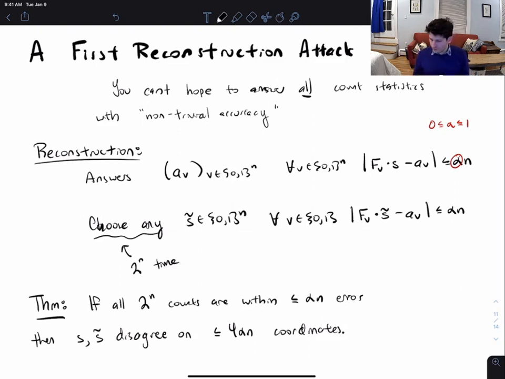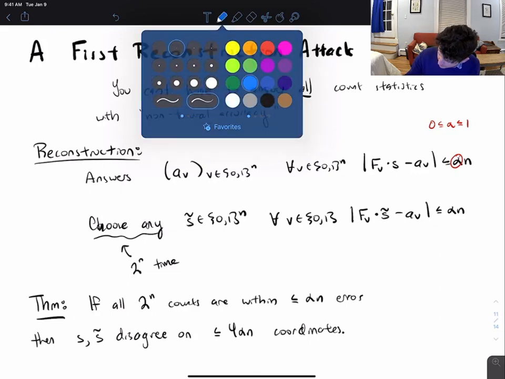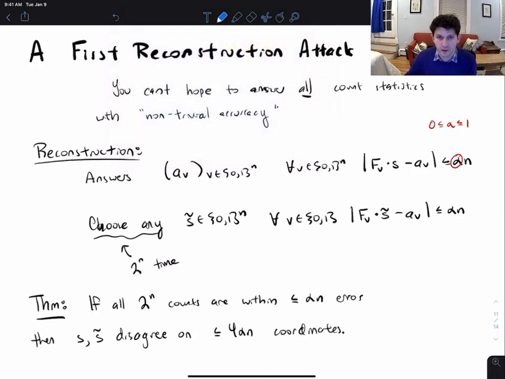On the other end of the spectrum, suppose that alpha is like 1 over 20. Okay, so if all the answers are accurate, if the error is at most 5%, meaning all the answers have error at most 0.05 n, okay, so I get a reasonable estimate, not even a very accurate estimate. I can be off by like 5%.